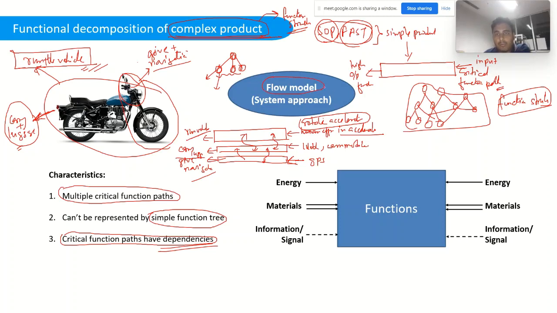In the flow model, we consider the overall product as a black box. We don't know the functionalities initially. What we consider are only the input flow and the output flow. Sorry, the direction of this arrow should be the other way.